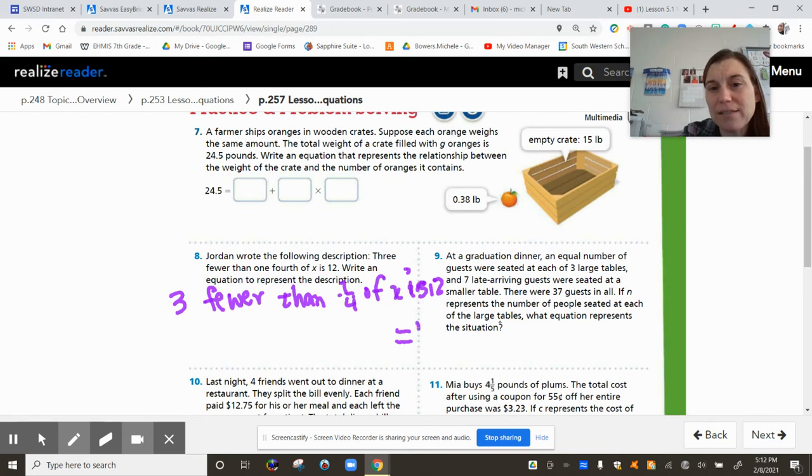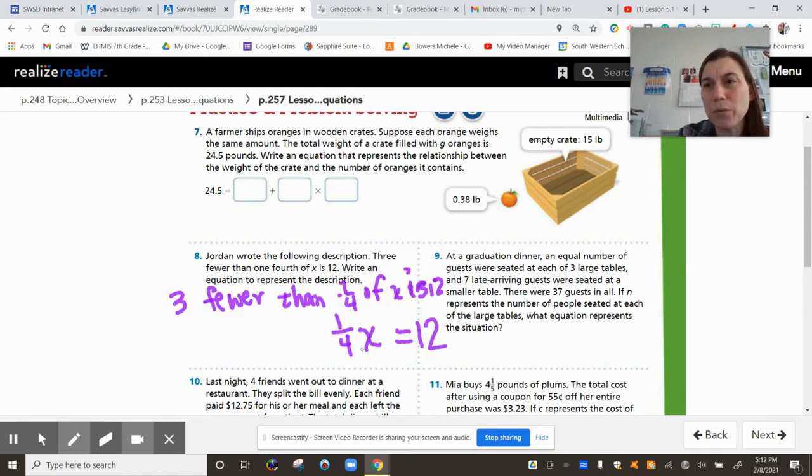Constants will just be constants. So 12 is 12. 1/4 is 1/4. I'm going to be doing something with the 1/4 though, but it's just going to be 1/4. 3 fewer than. I'll come back to that. 1/4 of x. Whenever you see the word of, so when it's by itself, just of, 3/4 of x, 1/4 of x, that means you're multiplying 1/4 times x.